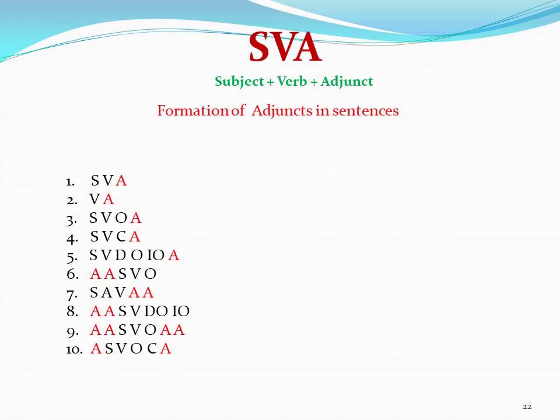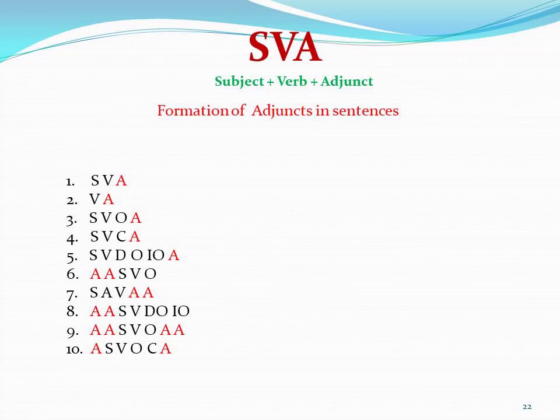This slide is about the formation of adjuncts in sentences. First one, SVA pattern; second, VA pattern; third, SVOA pattern; fourth, SVCA pattern; fifth, SVDOIOA pattern; sixth, AASVO pattern; seventh, SAVAA pattern; eighth, AASVDOIO pattern; ninth, AASVOAA pattern; and the tenth, ASVOCA pattern.